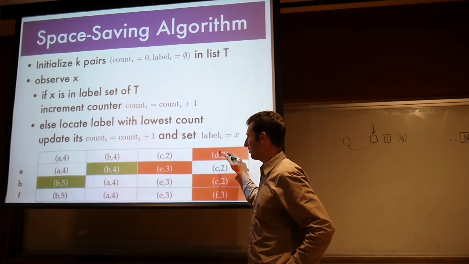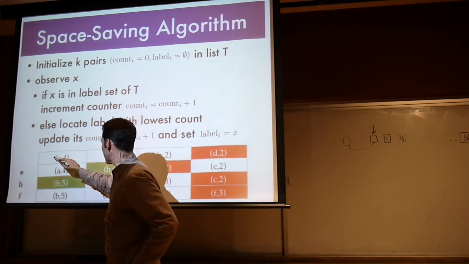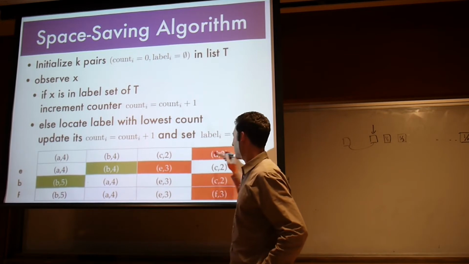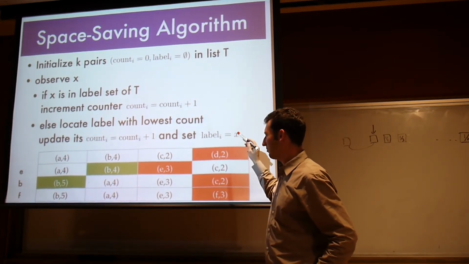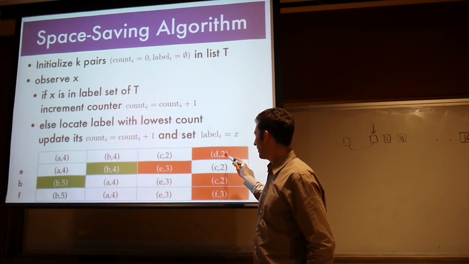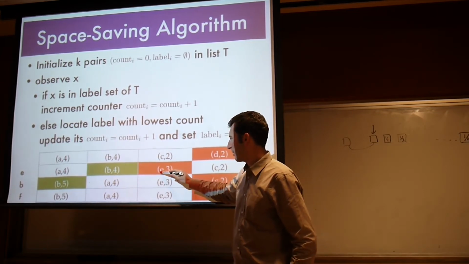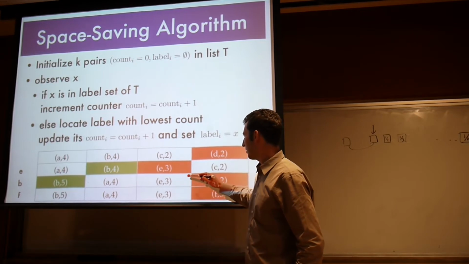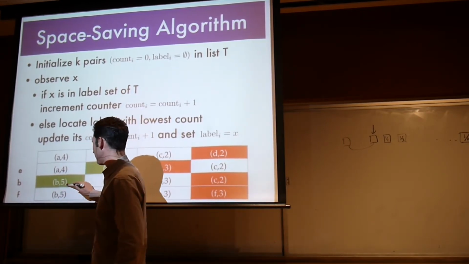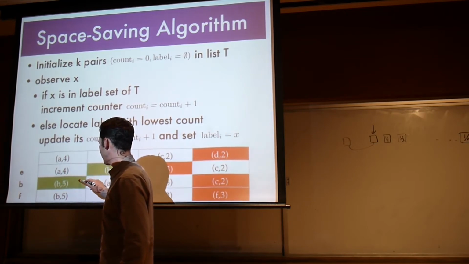So, there you go. This is our initial data structure, and we observe E. Now E is not in our data structure. We take D. I could have picked C as well, but for better or worse I picked D. And I go and increment its count by 1 and rename it. B comes along. Well, we already have B in our data structure, so increment its count, move it up the list, nothing else happens.